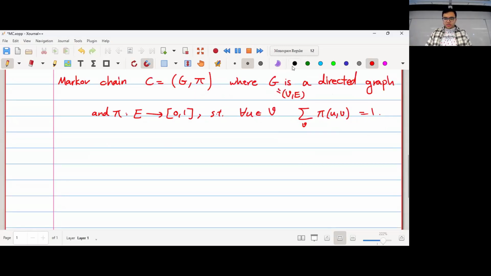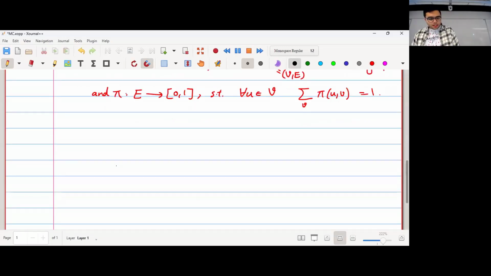Okay, so let's do an example. Let's say I have these states. So I have 1, 2, let's say 3, 6. And let's say I have these edges.